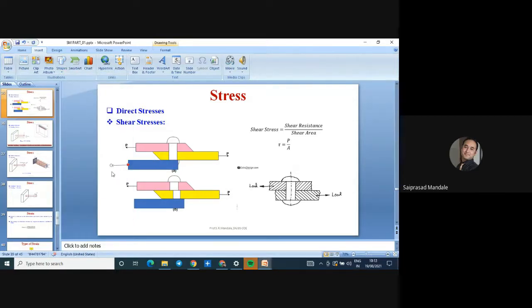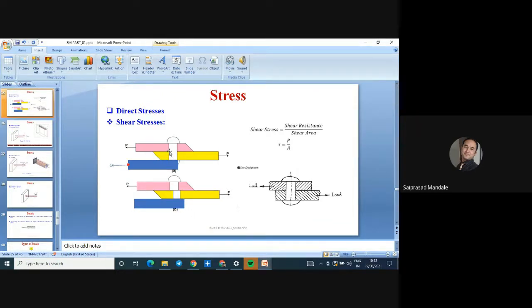If there is a load P, what would be the failure over there? The failure areas would be 1 and 2. The rivet will fail here and here. First failure, second failure. So this type of failure is called a double shear failure.